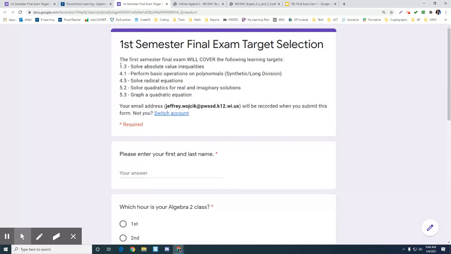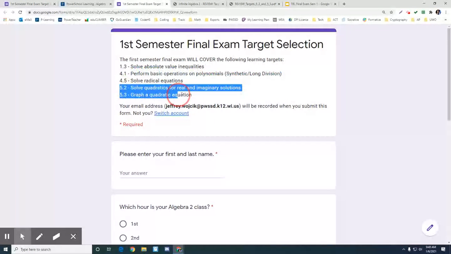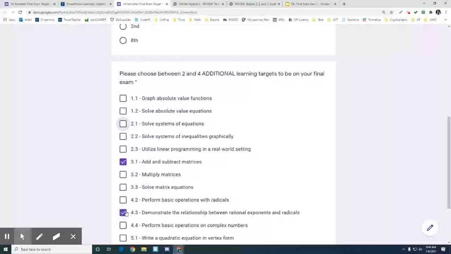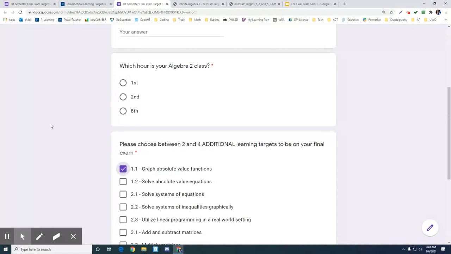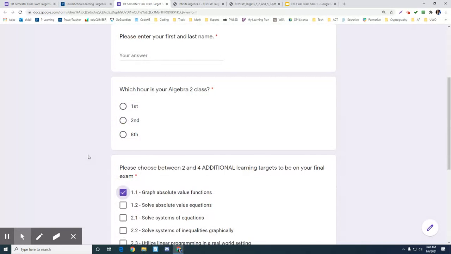But you will not need to assess on these other three targets. You'll still come in during the final exam time, because you still need to test on 5.2 and 5.3, but maybe you just want to reassess on target 1.1, for example. Then I'll make a test for you that's just got 5.2, 5.3, and 1.1.